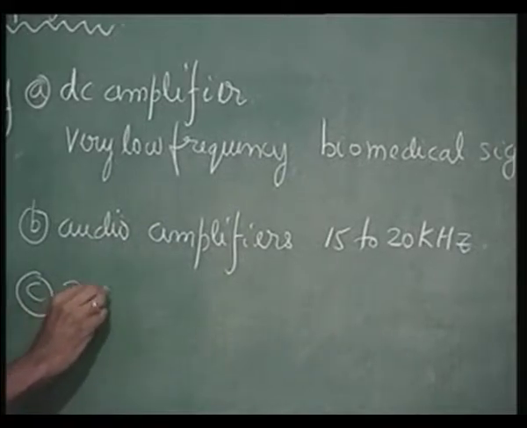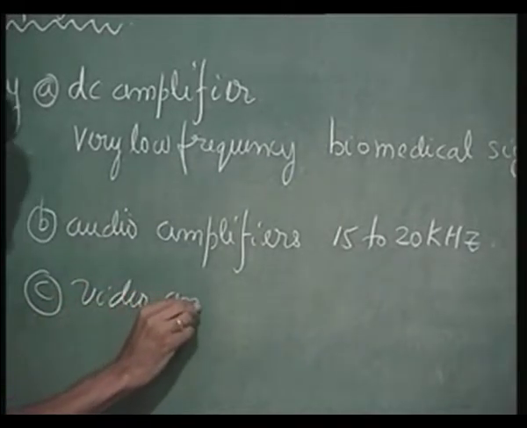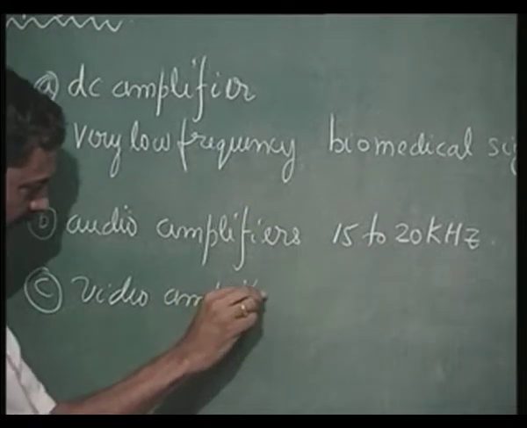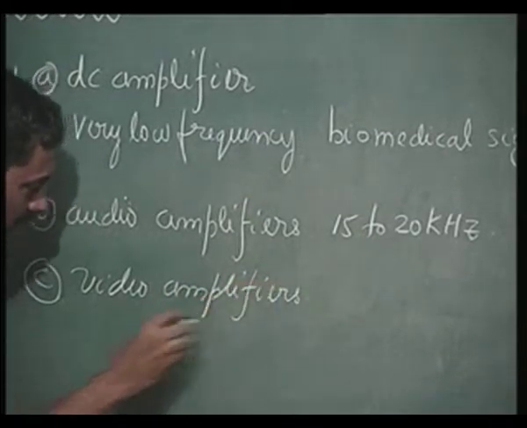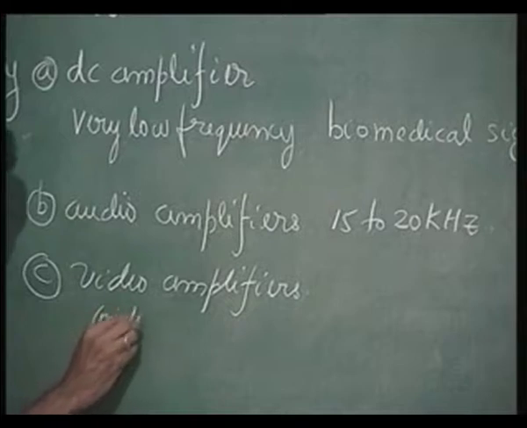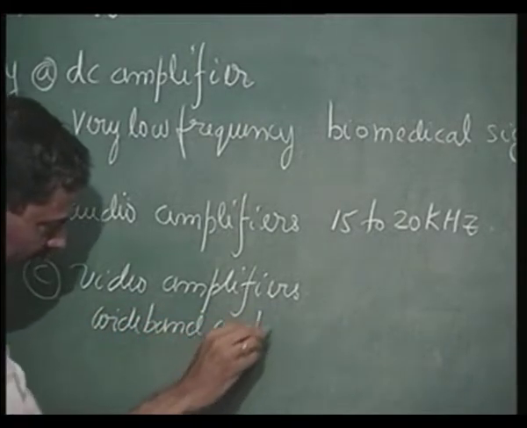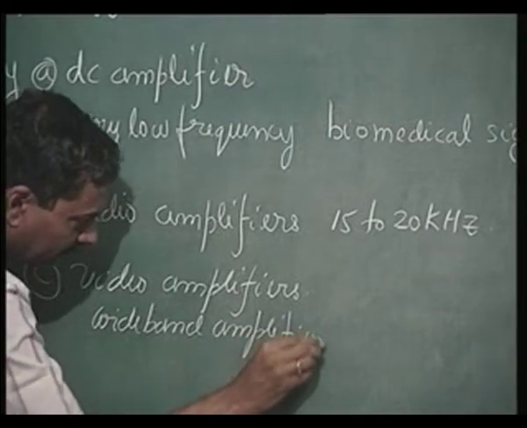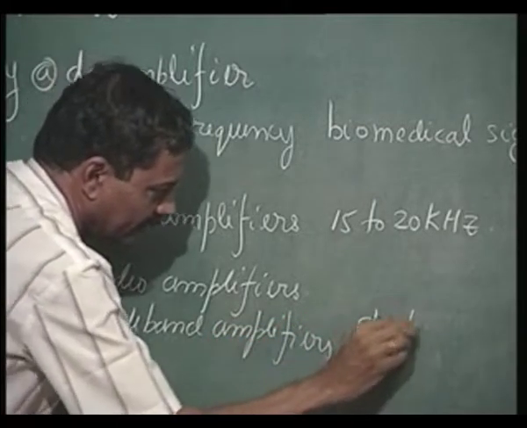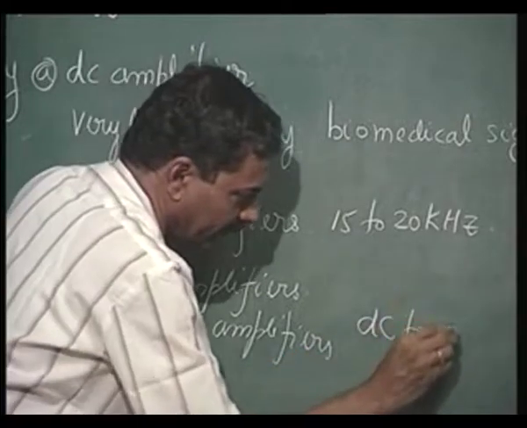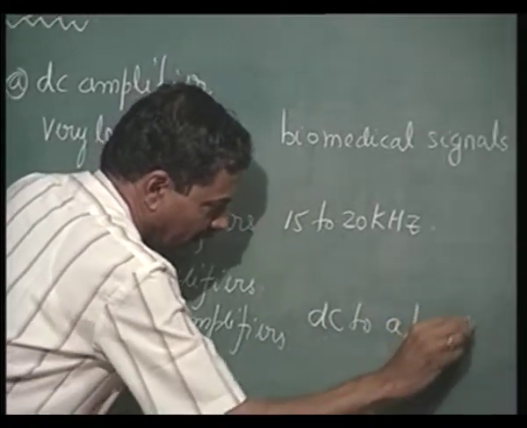Then video amplifiers are also called wide band amplifiers, which will mean DC to a few megahertz.